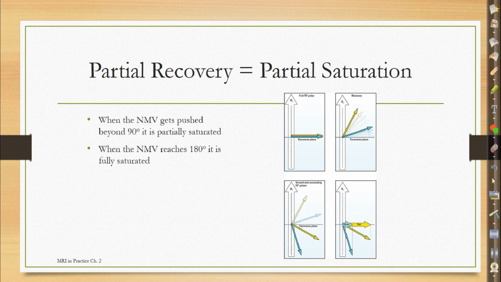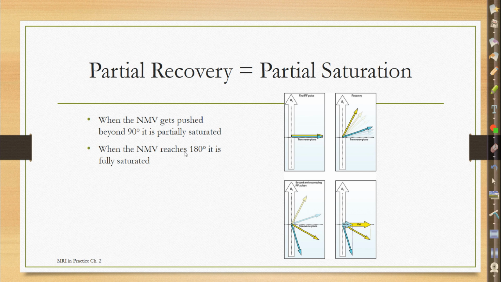The actual definition is when the net magnetic vector gets pushed beyond the transverse plane, beyond 90 degrees, that is considered partially saturated. As you can see with these two vectors, they're beyond 90 degrees but haven't been completely inverted 180 degrees. They're between 90 and 180. That's considered partially saturated.